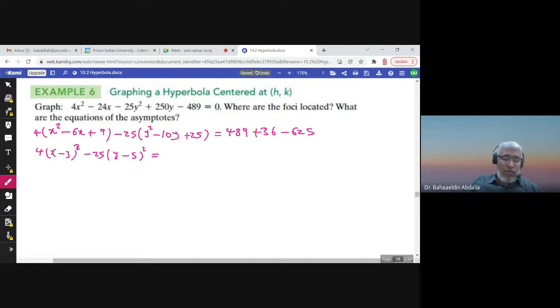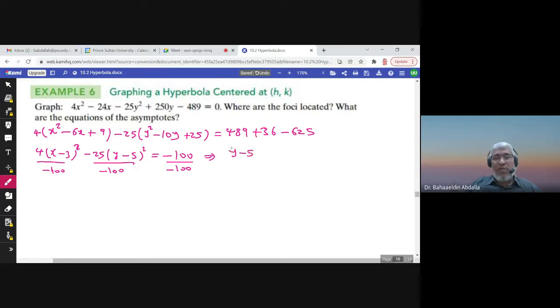For more information about completing the square, see the ellipse. How did we complete the square in the case of ellipse first? I have negative 100. So now I divide by negative 100 to make the coefficient 1. Well, when I divide by negative 100, y squared would be positive. So I will write it first.